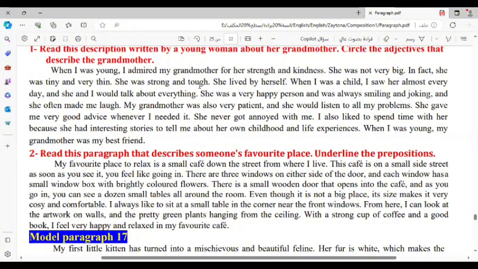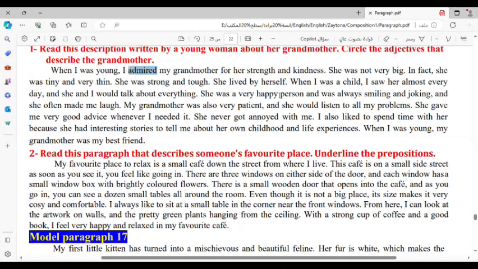But I think in this context it has a positive meaning, which is strong, not difficult to deal with. Because you see that the author said that I admired my grandmother, so I liked her, I loved her, so she was strong, not difficult to deal with.